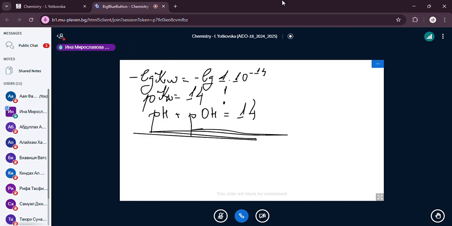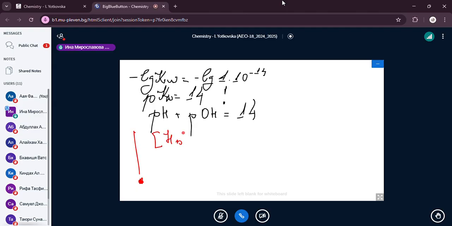Then, let's see how this helps us to find out the pH value of a solution. I just want to remind you, it's very, very important. Pay attention. A huge nota bene.